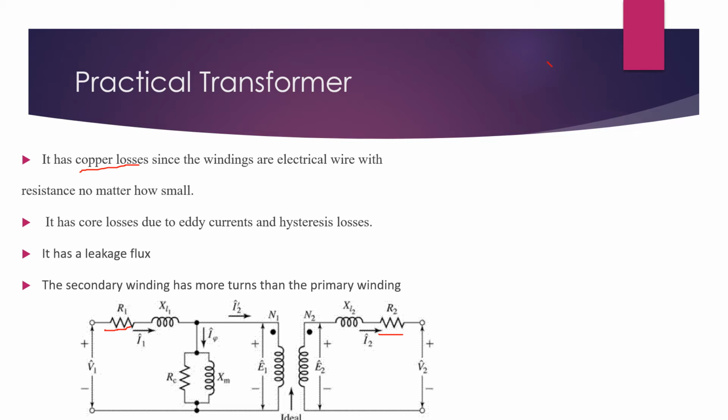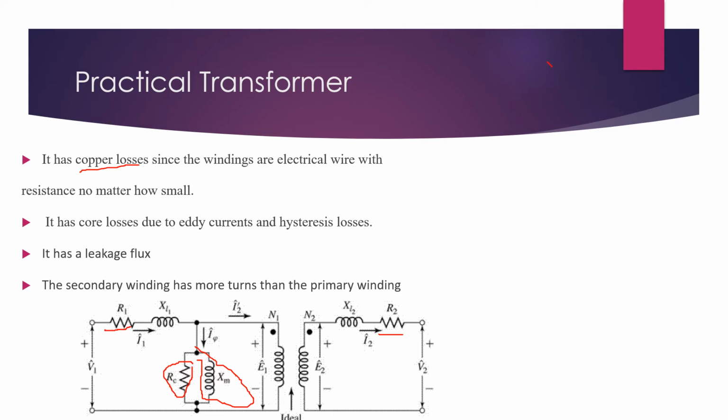For hysteresis losses, since the core of the transformer is ferromagnetic material, the magnetic domains tend to align with the magnetic field produced when current flows through the windings. So this resistor RC and inductor XM, which are parallel to each other, represent the eddy current and hysteresis losses.